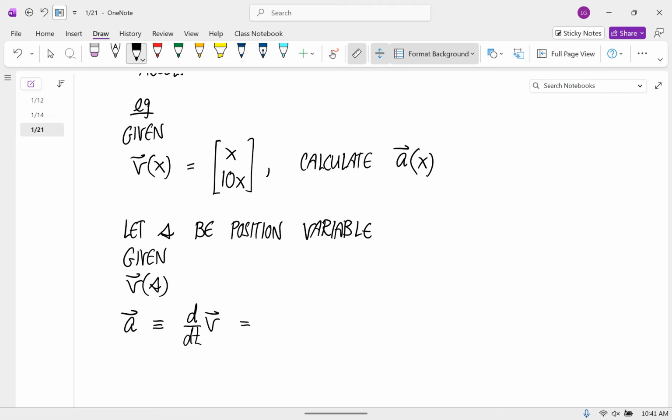We're going to write this as dv/ds times ds/dt. And this is a component of the velocity vector, which we already have.